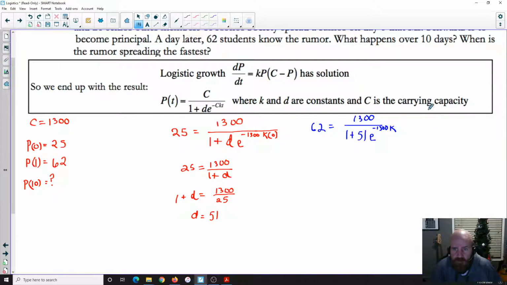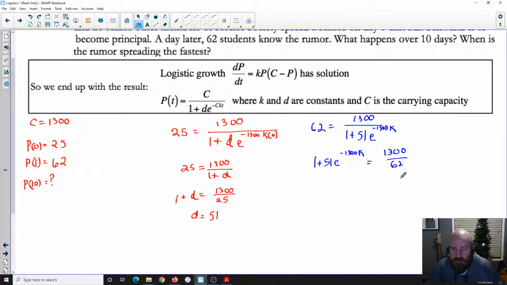So now we can solve for k. If we put everything over here, that'll equal 1,300 over 62.